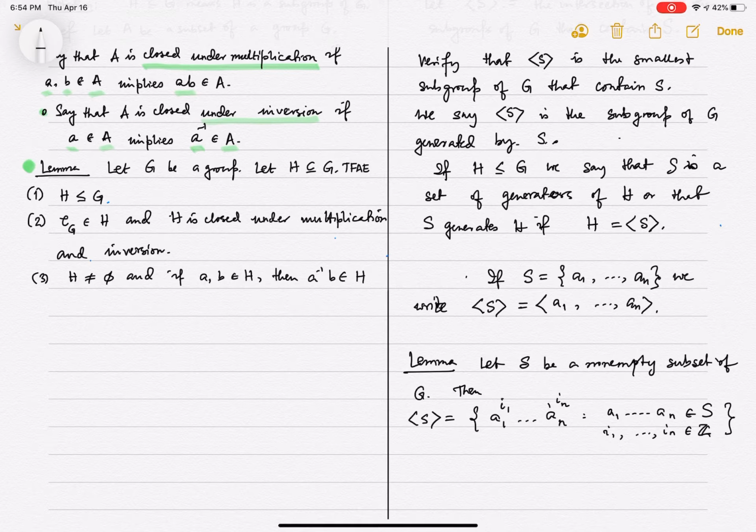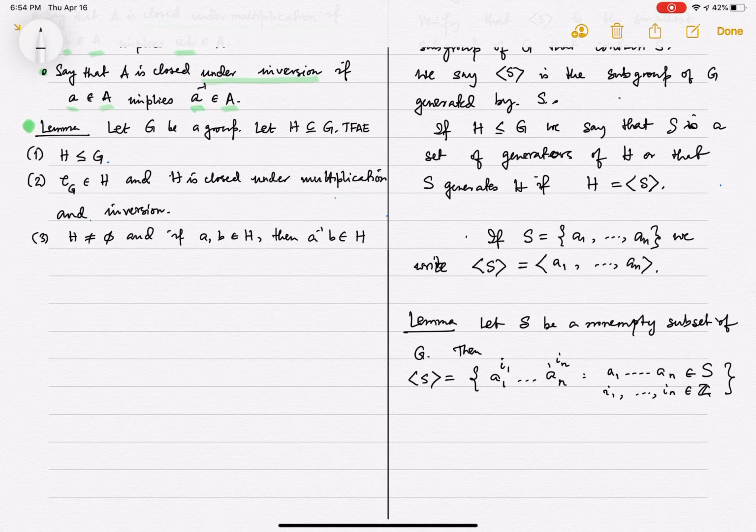And if you don't have anything, then the empty product means the identity. Okay. So all such products of elements of S, all finite products. And you can take positive powers, negative powers.